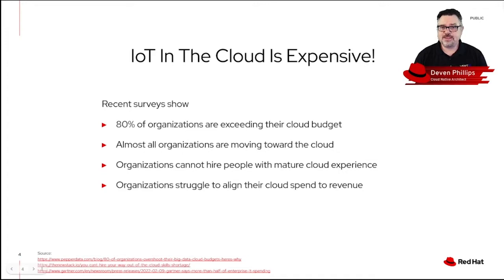This in turn makes it even harder for those organizations to align their cloud spend to activities which effectively generate revenue. So every day you're having a more and more difficult time achieving your cloud migration goals.